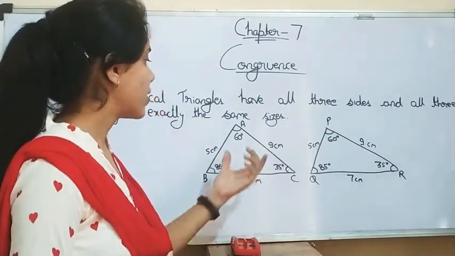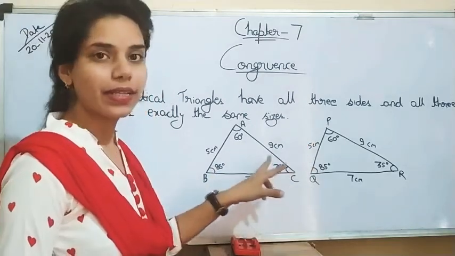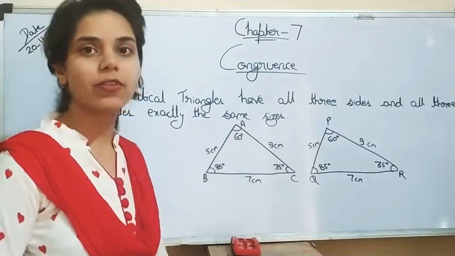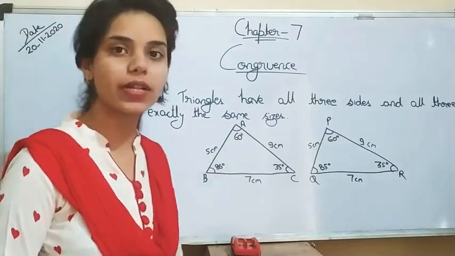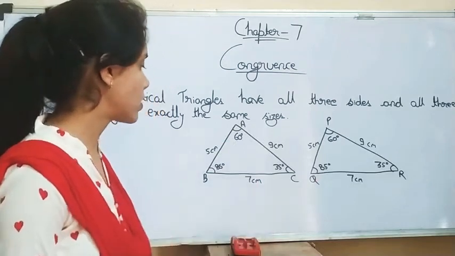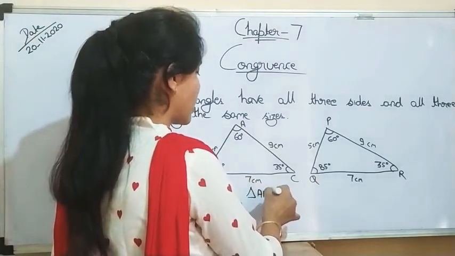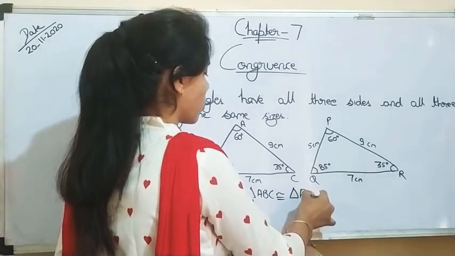Okay. Here is one example, ABC and PQR. Their angles are equal. The measurements of their sides are also equal. So these two triangles are said to be congruent. Okay.